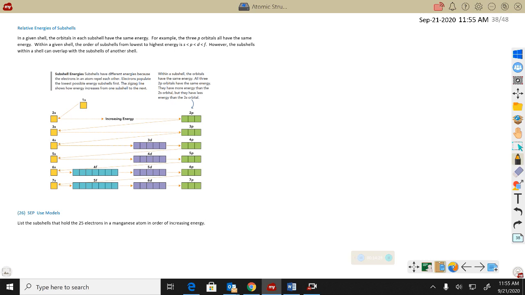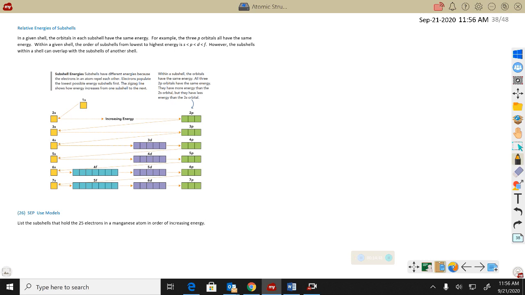Same thing with d's and f's: all the d's in a particular energy level are the same energy. So all 5 of the 3d orbitals are equal in energy. The 4d orbitals have more energy and the 5d orbitals have more energy, but within a particular energy level, they're the same. That's also true of the f orbitals.